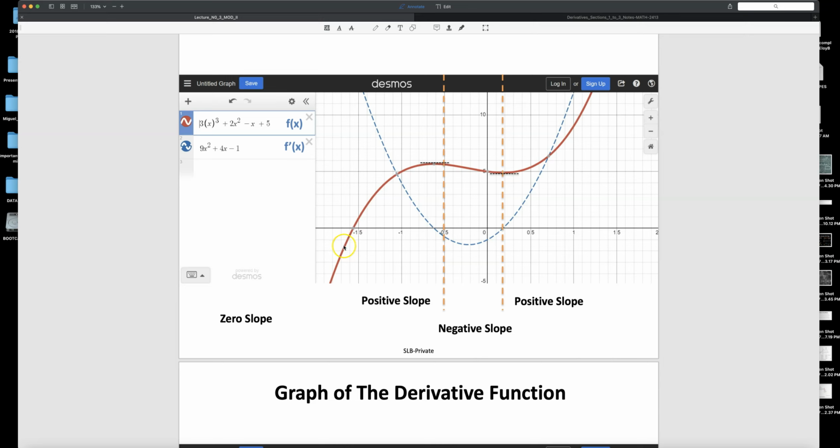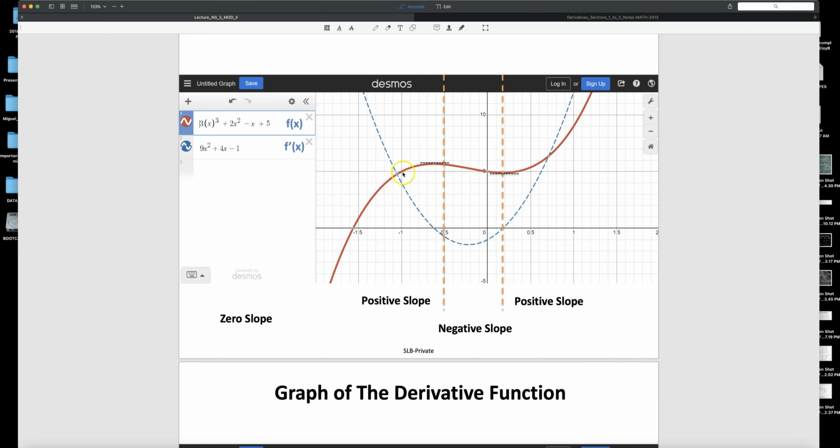Why? Because if you draw a tangent line at this point, the slope here is higher, but if you draw the tangent line at this other point, the slope is still positive, but the tangent line is going to be a little bit more gentle. That's why the derivative is decreasing in value. But the most important thing I want you to remember at this moment is that if the function is increasing, the derivative is going to be positive.